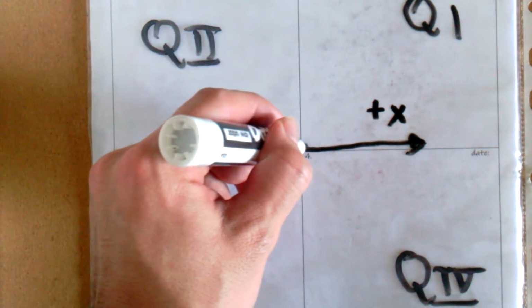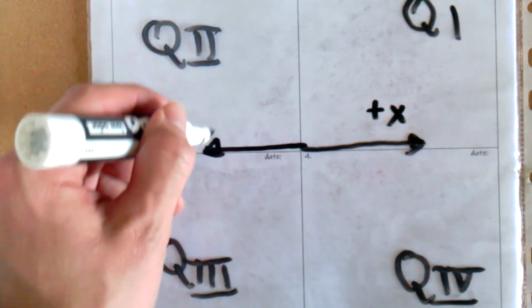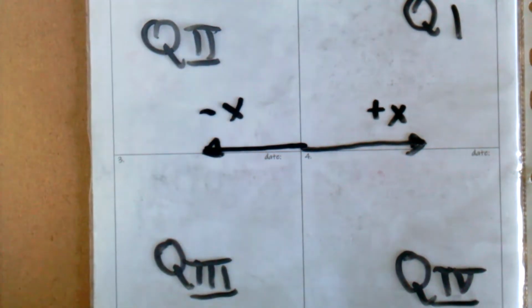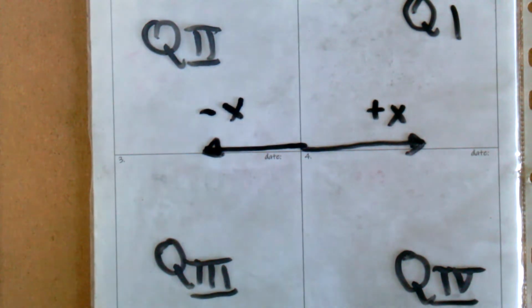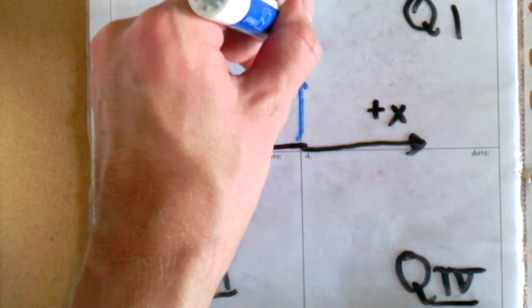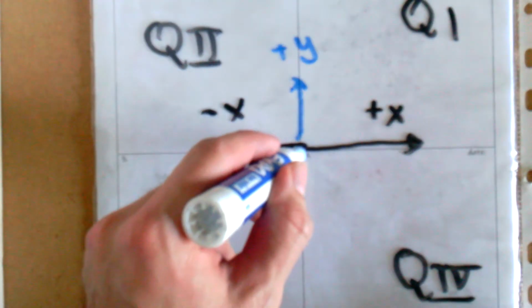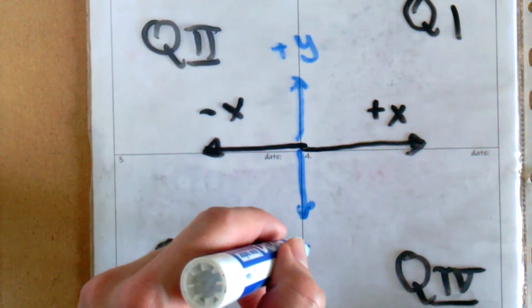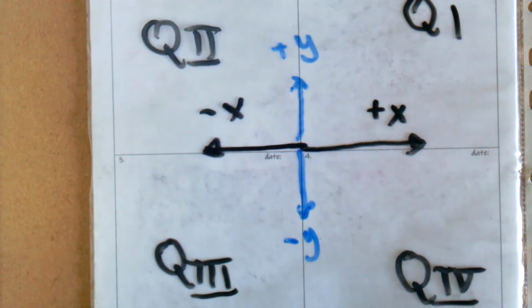And as we go to the left, our x-coordinates are negative. Similarly, as we go up, our y-coordinate is positive. And as we go down, our y-coordinate is negative. Okay, so that's just a few things about the coordinate plane.